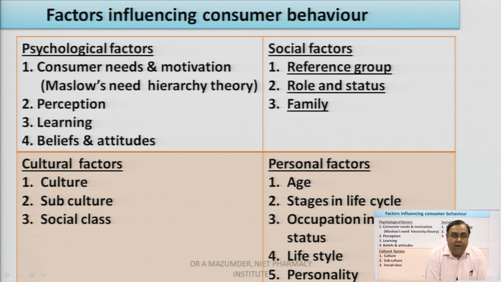Next are the social factors. The reference group, as I have told you earlier: many of you sitting here have some personality in your mind whom you try to follow, whom you try to imitate.